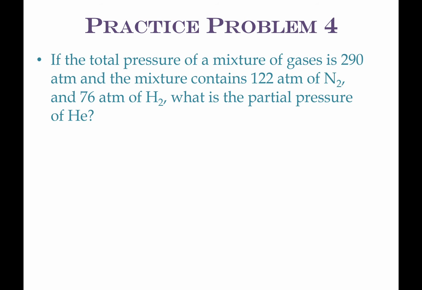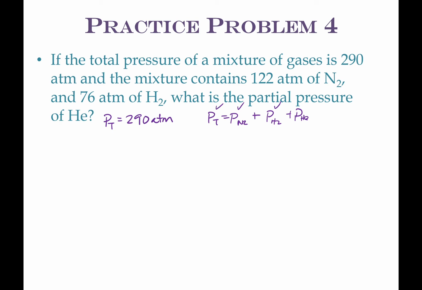If the total pressure of a mixture of gases is 290 atmospheres, so P total is equal to 290 atmospheres, the mixture contains 122 atmospheres of nitrogen and 76 atmospheres of hydrogen. What is the partial pressure of helium? So we have nitrogen, we have hydrogen, and we have the total pressure.